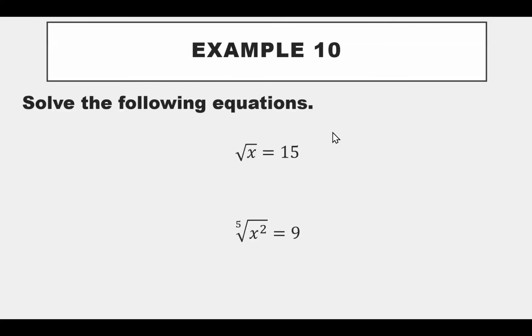You can also solve equations with square roots and fifth roots, at least the basic equations with square roots and fifth roots, using what we know about rational exponents. So here we have the square root of x is equal to 15, and we have the fifth root of x squared equaling 9.